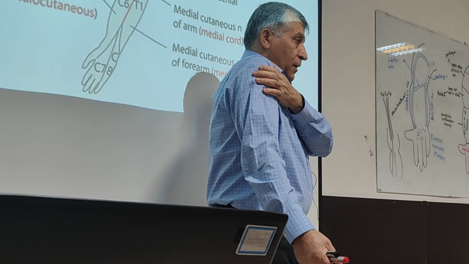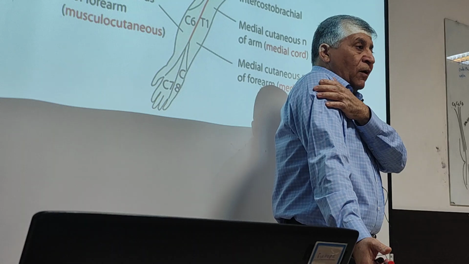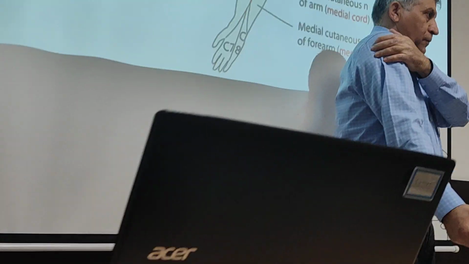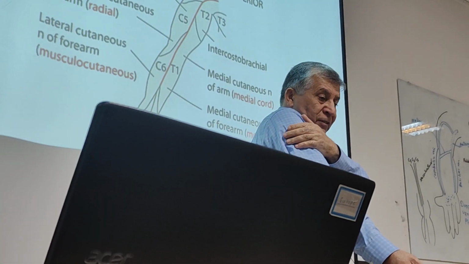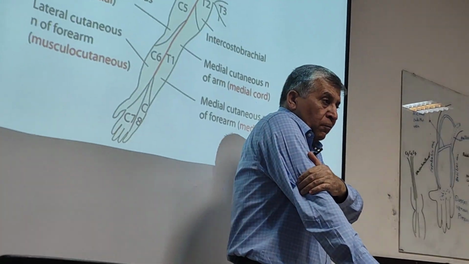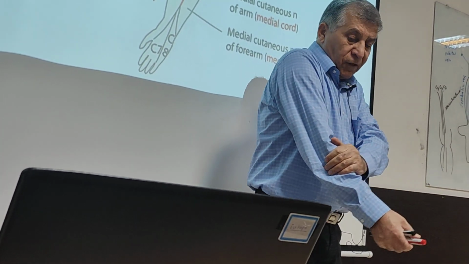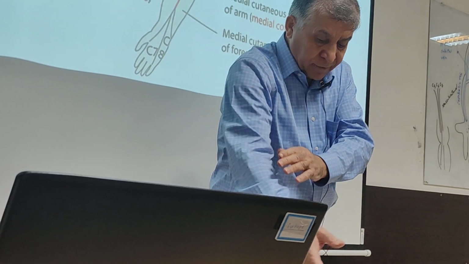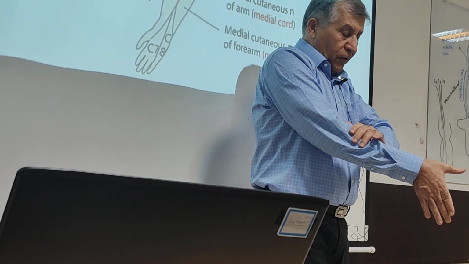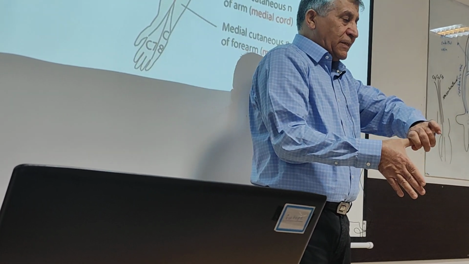Skin over the deltoid muscle is innervated by C4. The lateral side of the arm and upper part of the forearm is innervated by C5. The lower part and thumb are innervated by C6.